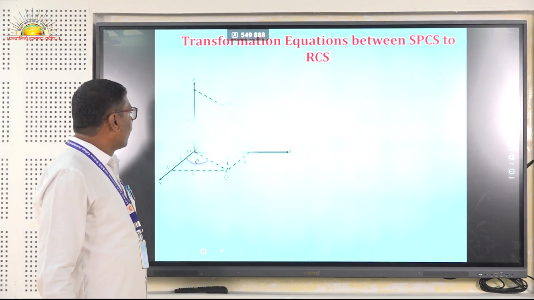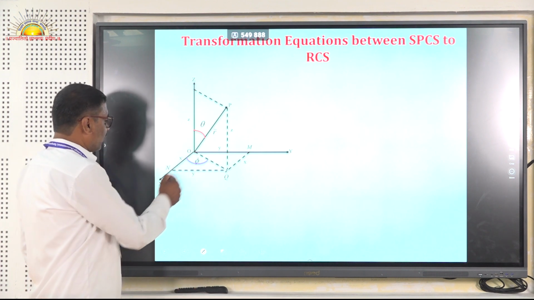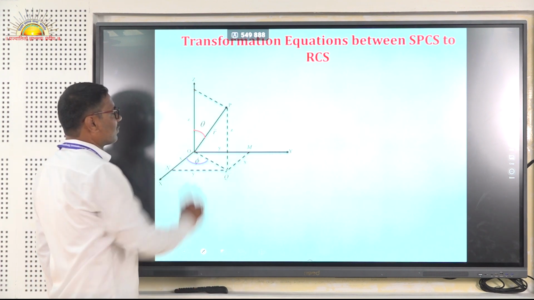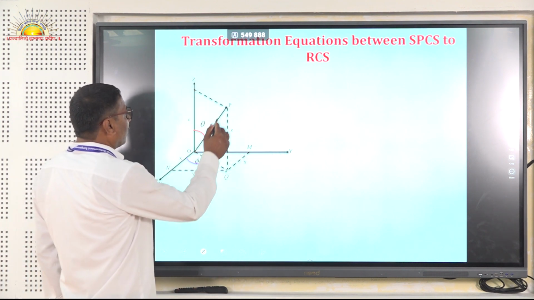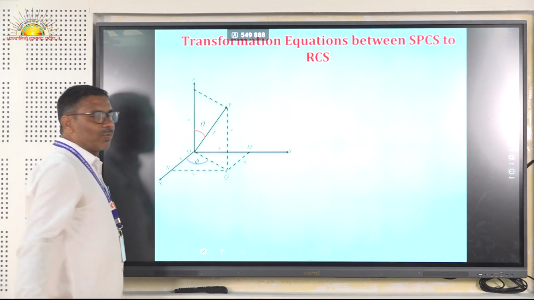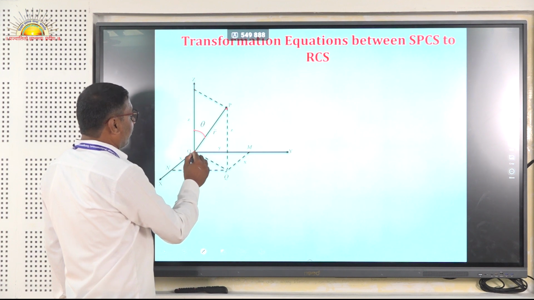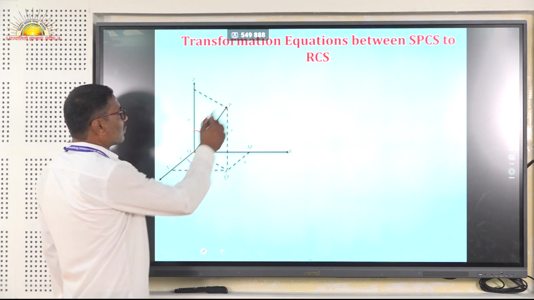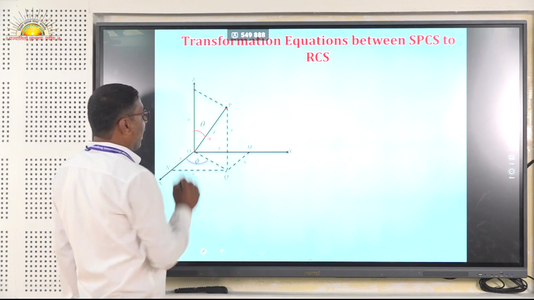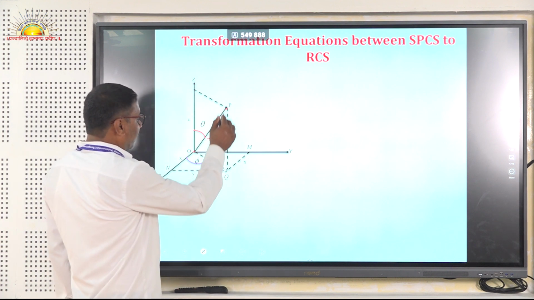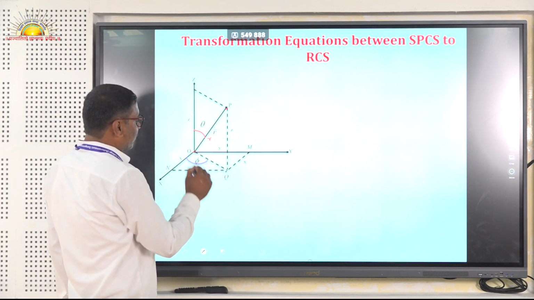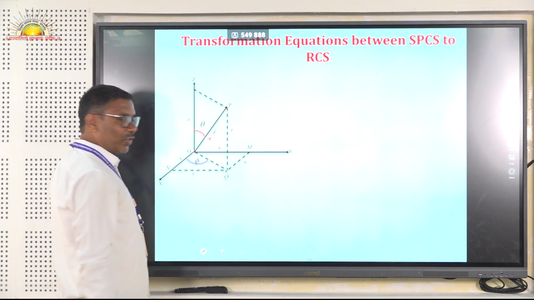Now here we can see, this is the x axis, this one is the y axis, and this one is the z axis. Here P is the point. From the origin, the distance of point P is the coordinate r. If we take the projection of OP on the xy plane, its projection is OQ.